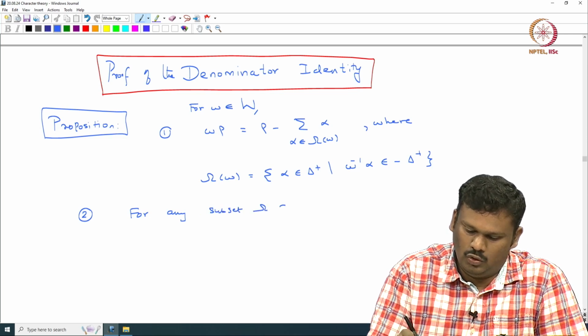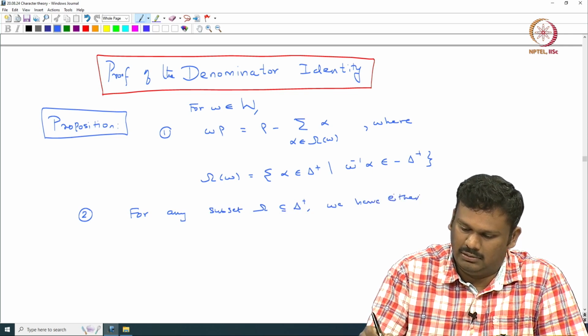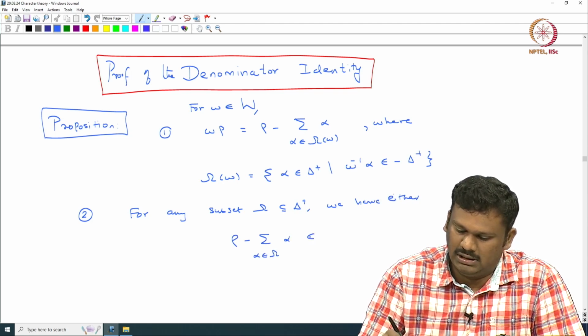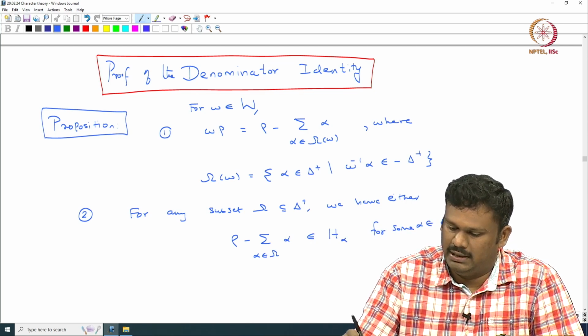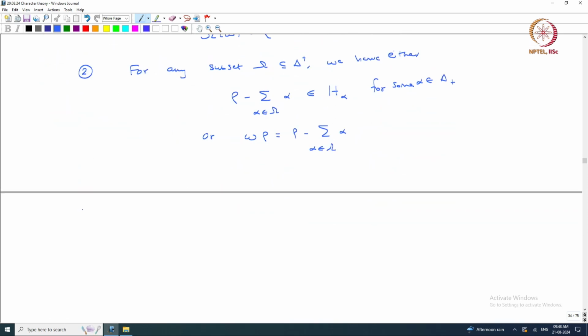So this actually tells you that there are only two possibilities for rho minus the summation of alpha, alpha in omega.